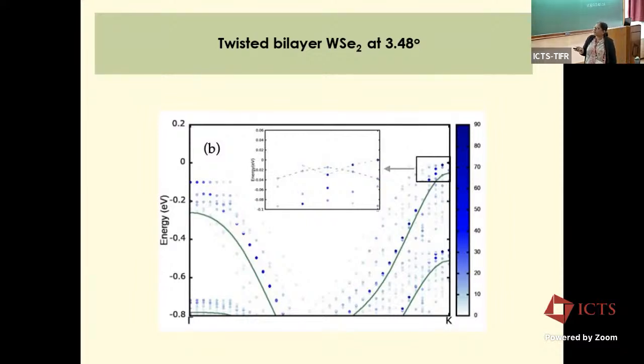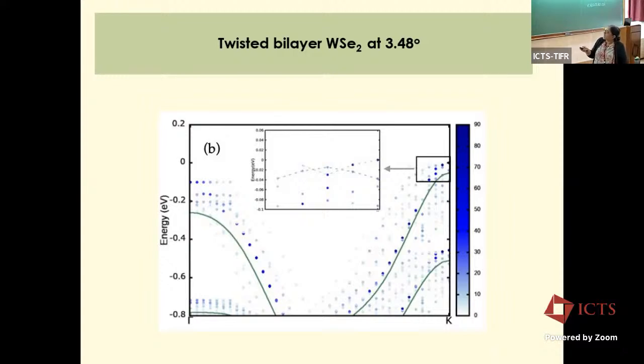What we see is that we have flat bands emerging at gamma point, but the highest occupied band, as I revealed earlier, is at the K point. Zooming in over here, you seem to see two bands which are crossing each other, which are almost flat in this case too.